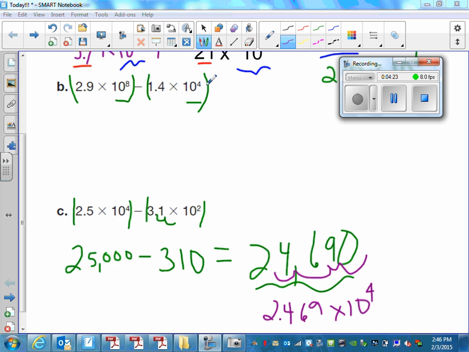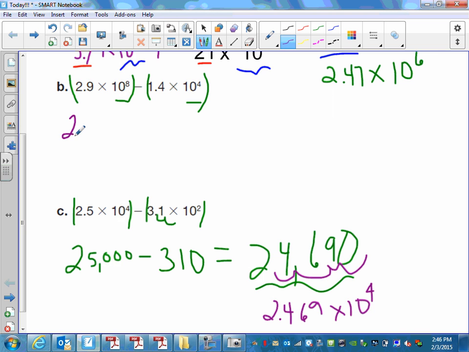So B, I have 10 to the 8th and 10 to the 4th, so I want to change 2.9 times 10 to the 8 to a power of 4. So that would be 290,000,000. So 1 and then 7 zeros.